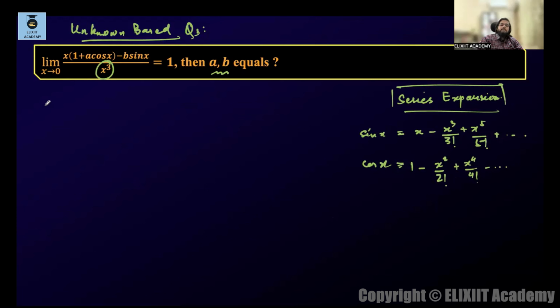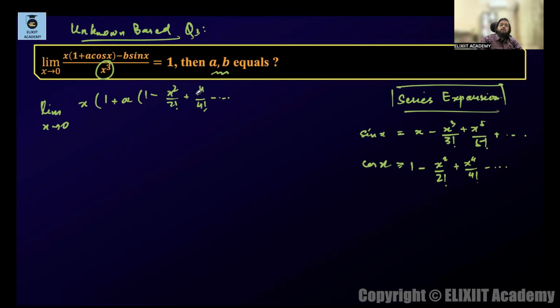Now see, here we have limit x tends to 0, x times of 1 plus a cos x. The expansion of cos x is 1 minus x square by 2 factorial plus x to the power of 4 by 4 factorial and so on, right? But we don't need the term x to the power of 4 by 4 factorial.